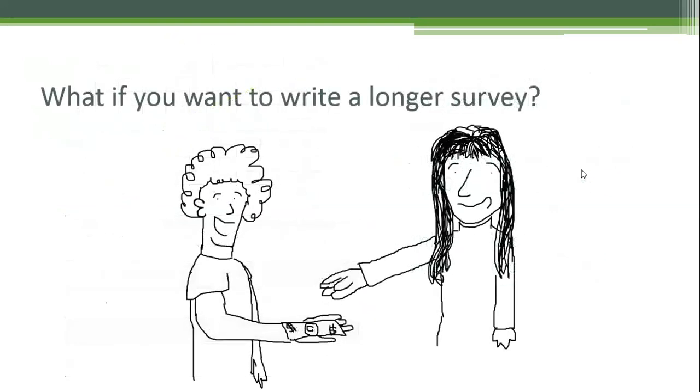So what if you do want to write a longer survey? Incentives are a huge thing. For example, I am part of the California Tribal Epidemiology Center, and we're conducting our own BRFSS, a behavioral risk factor surveillance system. This is a very long survey. It could sometimes take an hour or more.